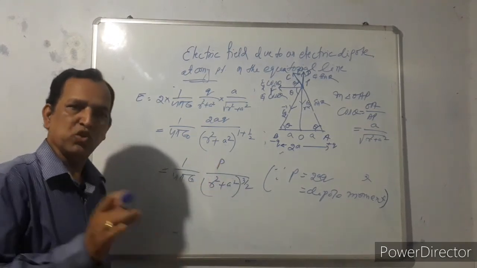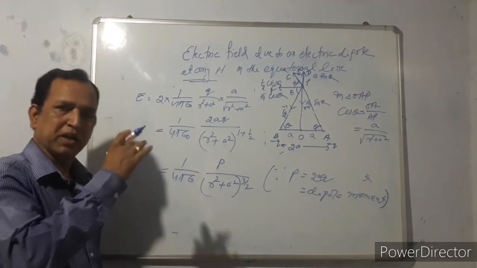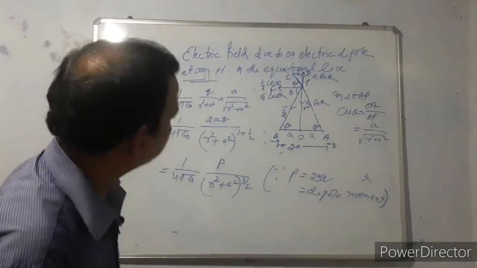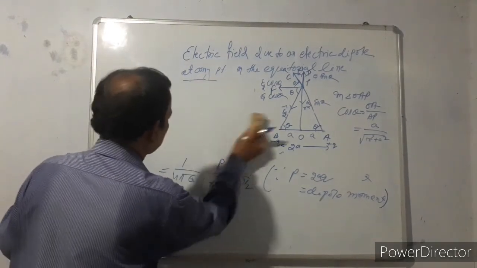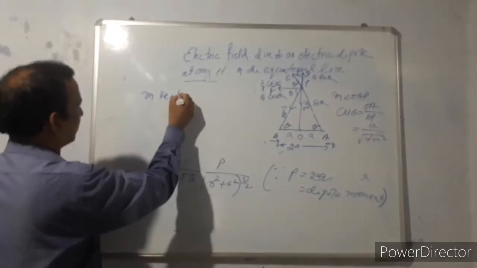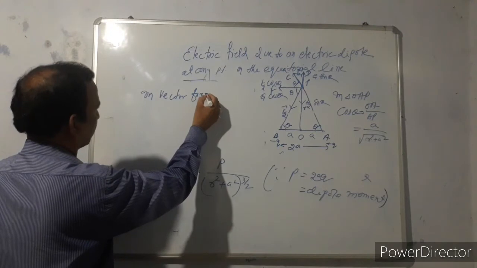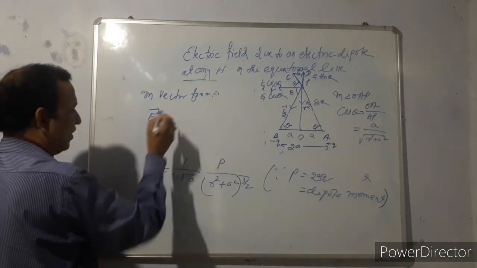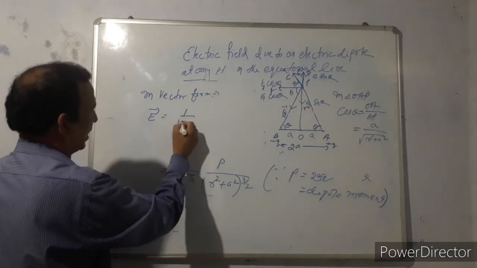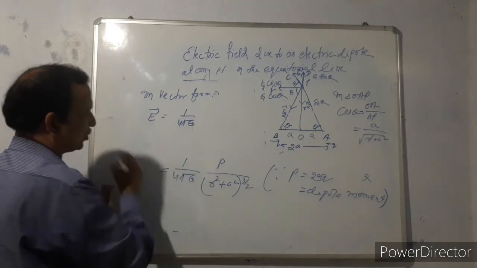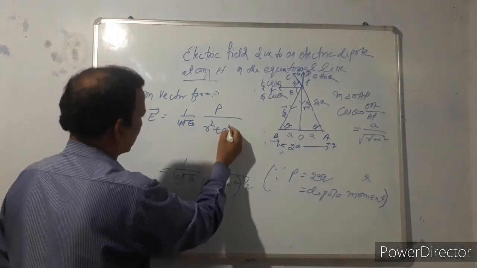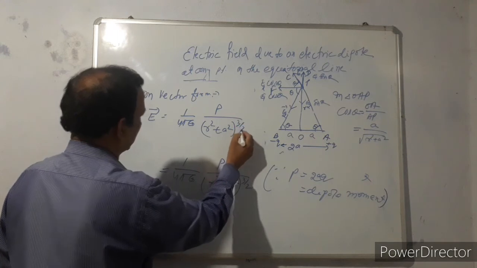p is the dipole moment, which is a vector. So what is the expression in vector form? E is a vector, so that is equal to 1 by 4 pi epsilon naught p by r square plus a square to the power 3 by 2.